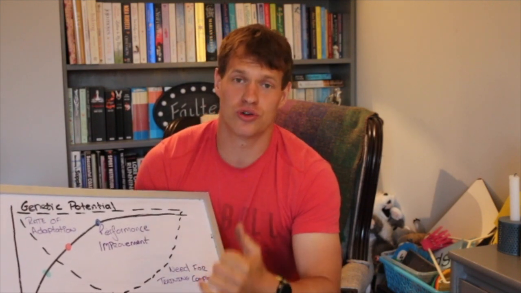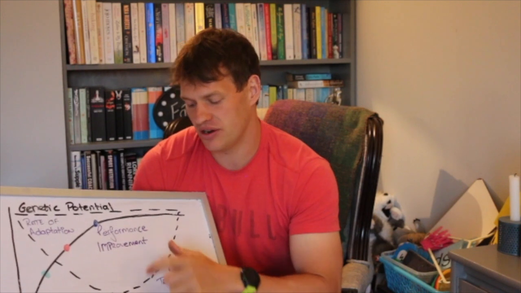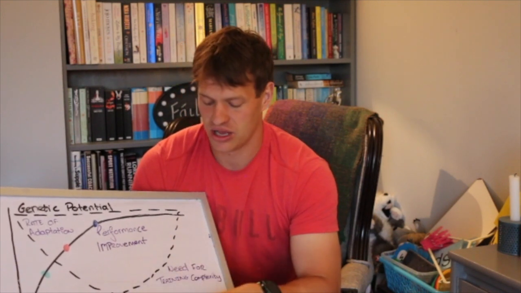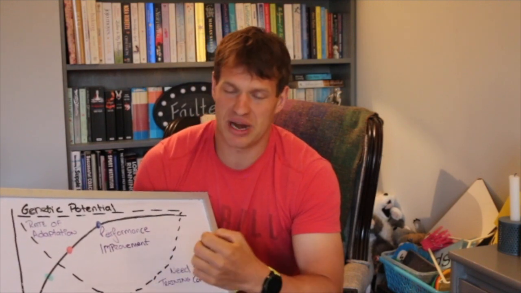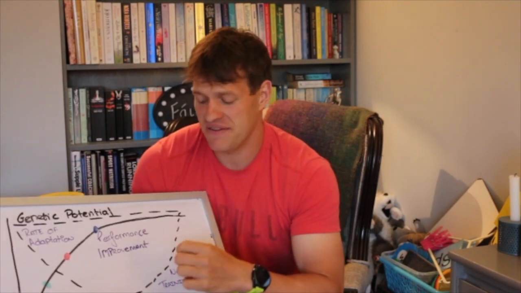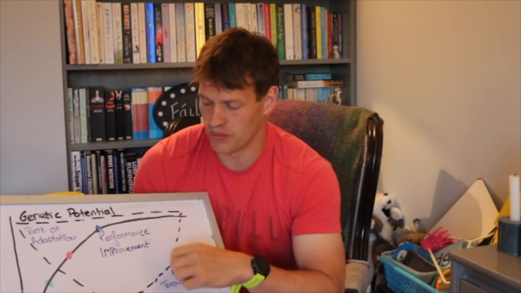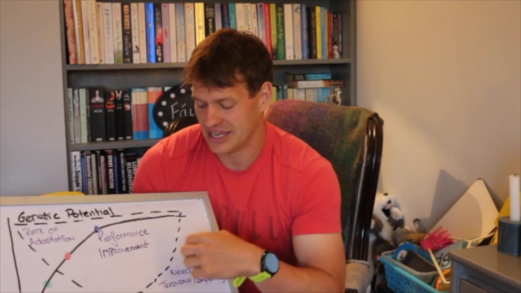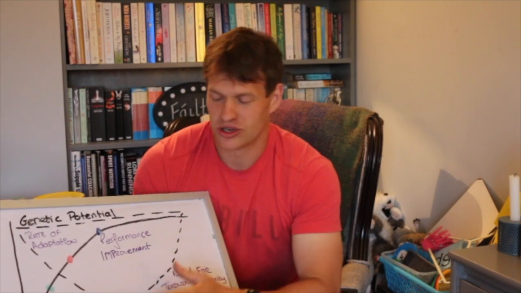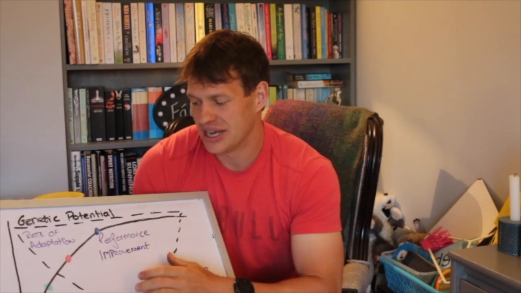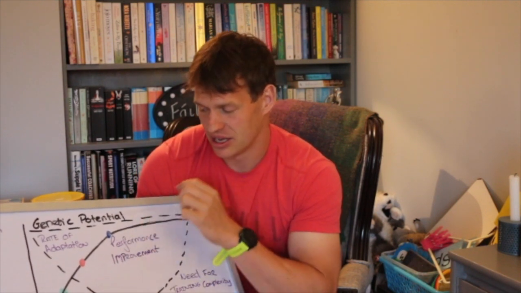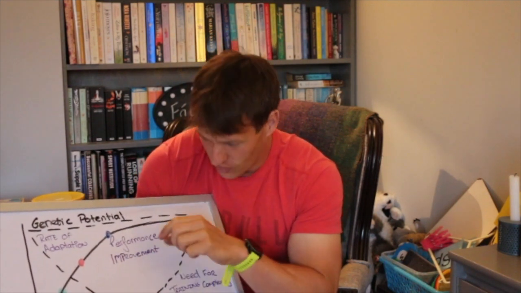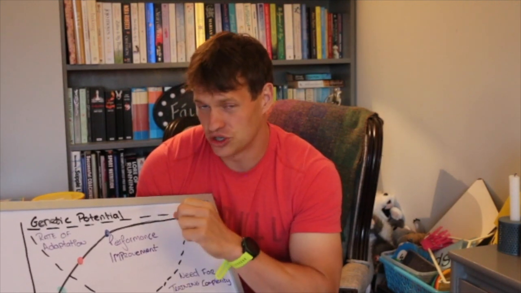If we're down here, this athlete, we call him athlete A, his strength is pretty low in performance improvement. So his rate of adaptation is going to be high, even if I gave him a worse program than an endurance program, because his need for training complexity is lower. He's pretty low on his genetic potential, so there's a lot more he can get out of his strength than his endurance.